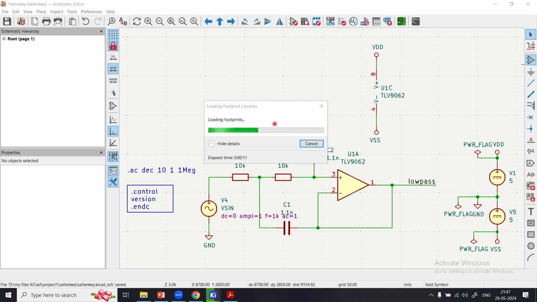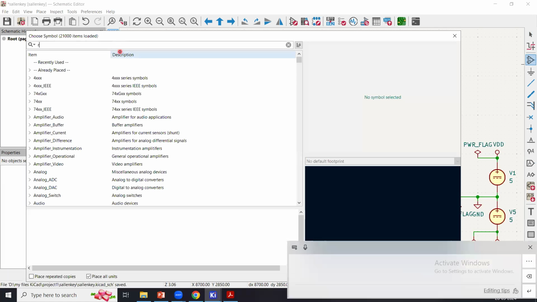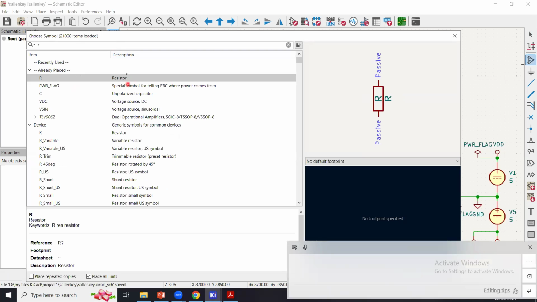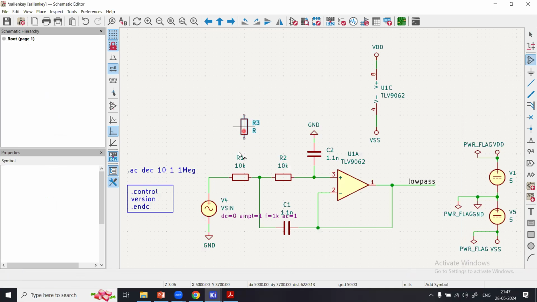It takes a while, but it is worth waiting. Then I typed R, simply R, and there is a resistor right here. This is how I chose the resistor, and I clicked OK and placed that on the schematic.